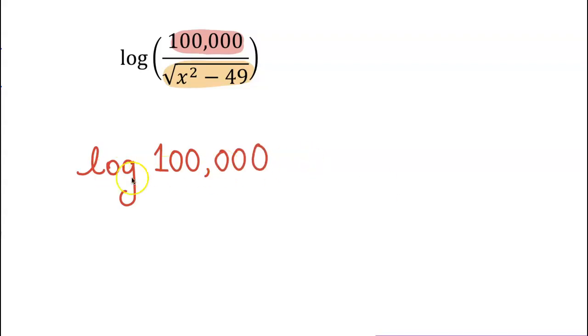And that red term is positive because that 100,000 was on the numerator. But look at this square root that's in the denominator. I have to write minus log of the square root of x squared minus 49.